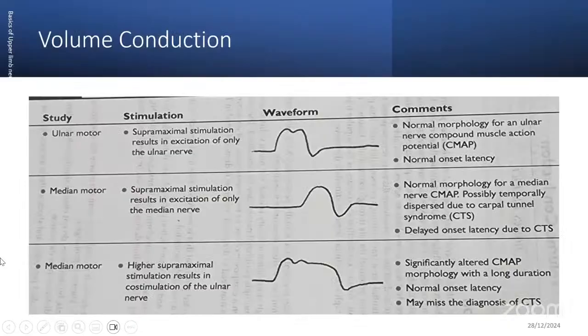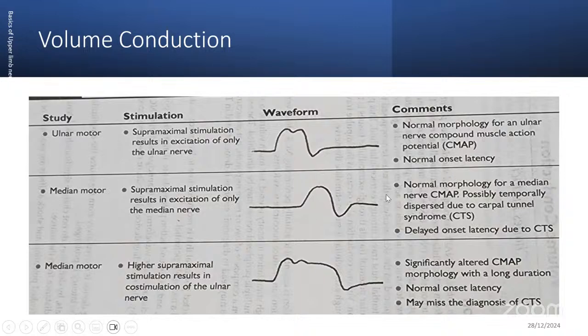So, volume conduction: you see, ulnar motor supramaximal stimulation results in excitation of only the ulnar nerve. So you have to increase the current as you watch the waveform, and if you increase slightly above that, 10 to 15 microvolts, it should not increase further. This is a normal morphology of the CMAP with normal onset latency.